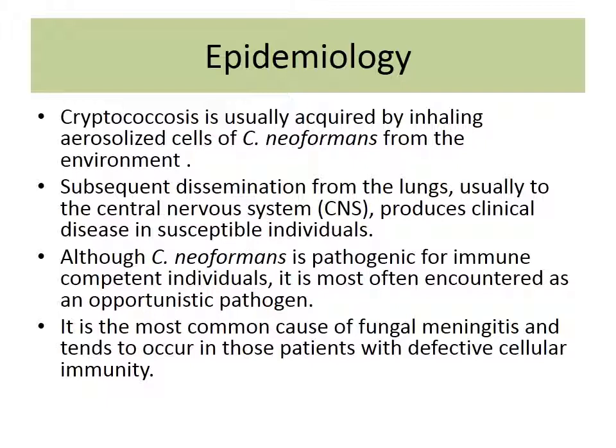But in this case, it is pathogenic, and even with a normal immune system you may get problems. This also happens to be the most common cause of fungal meningitis, especially for people who have defective cellular immunity.